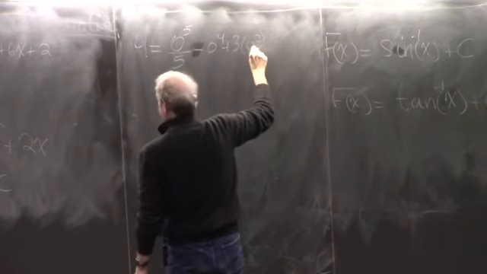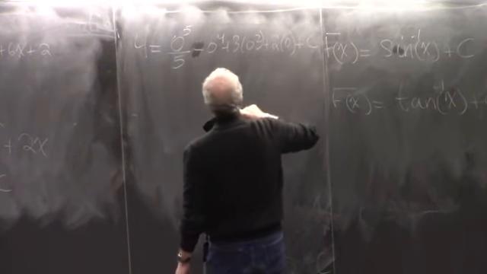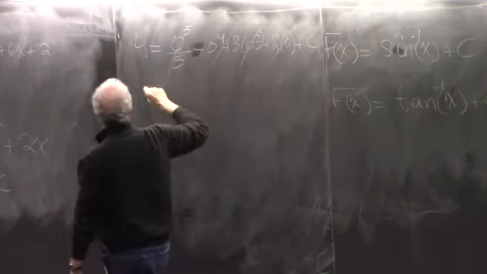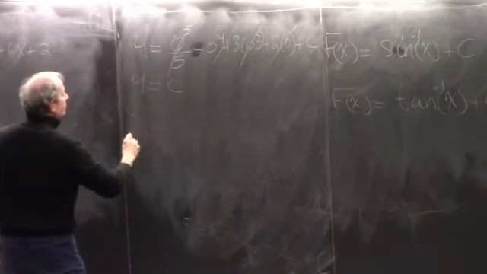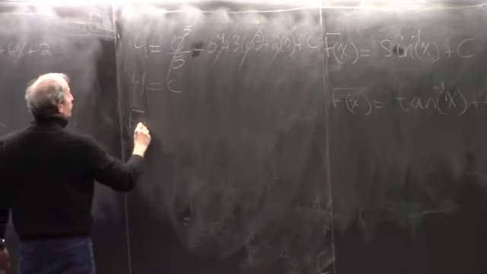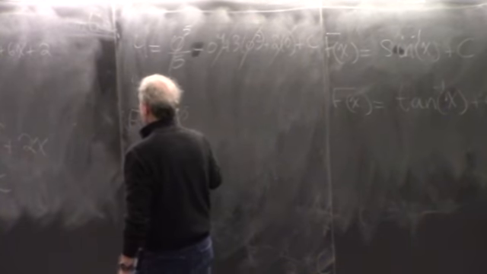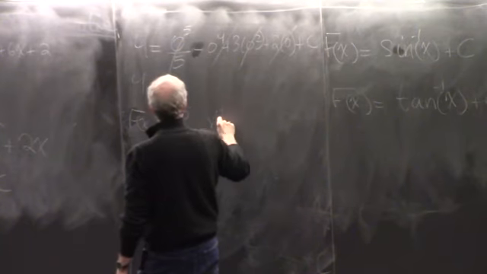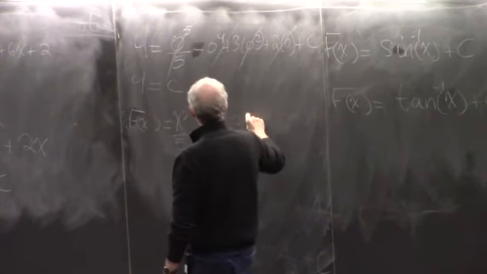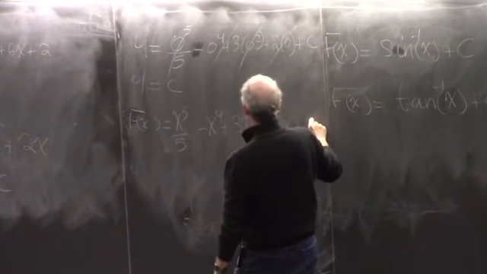Those all come out 0. So those are all 0. You get 4 equals c, and therefore the function is x to the 5th over 5 minus x to the 4th plus 3x squared plus 2x plus 4.